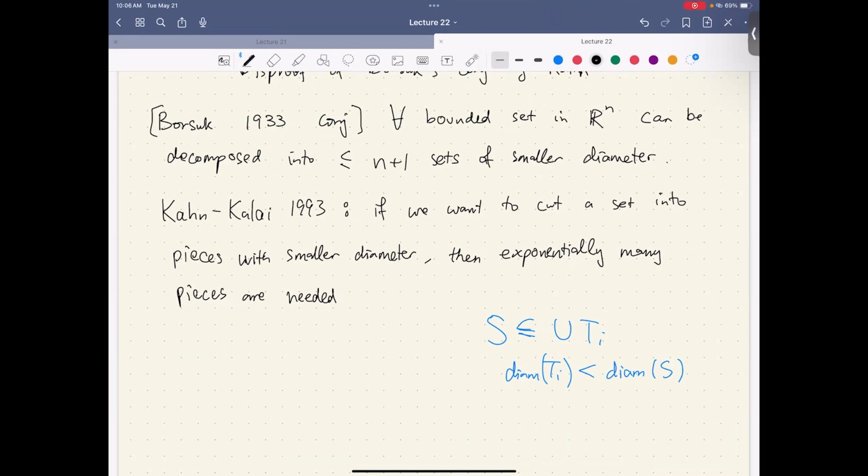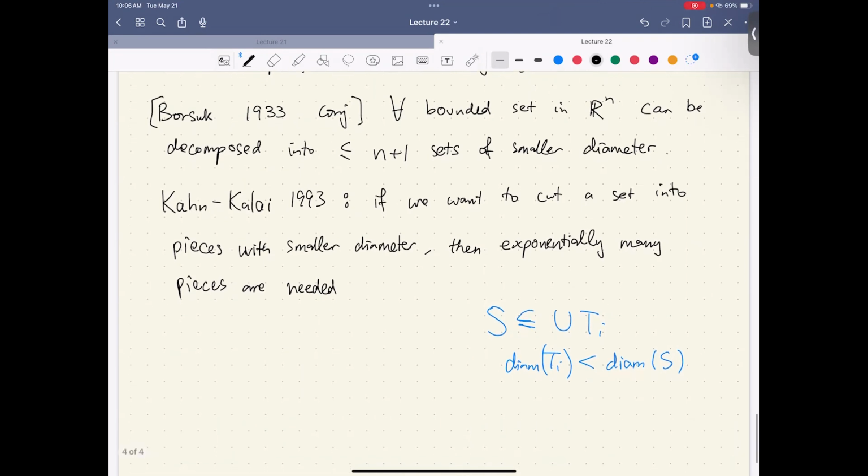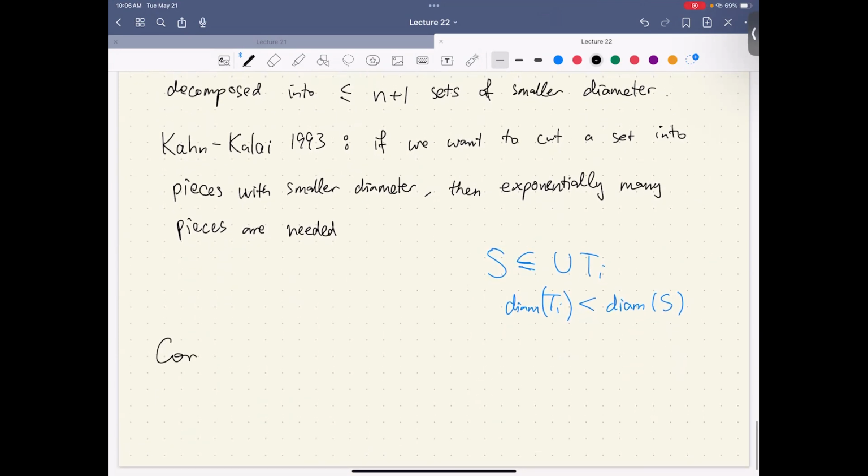So how do we prove this thing? Well, let me first write a statement of the theorem, and then let's see how we prove it. So maybe write it as a theorem. Kahn-Kalai: P is a prime, n equal to 4p.